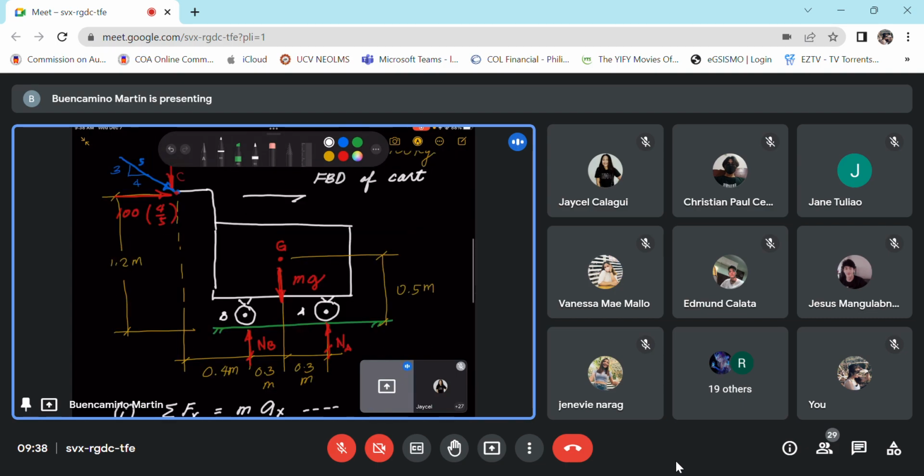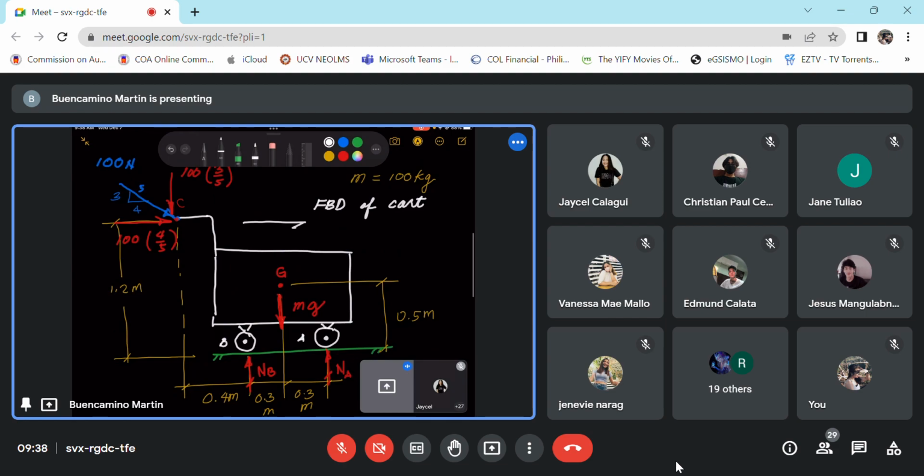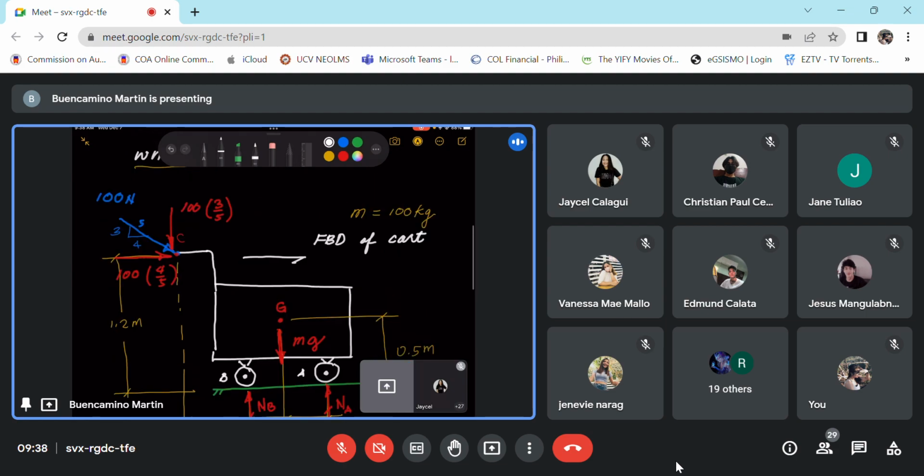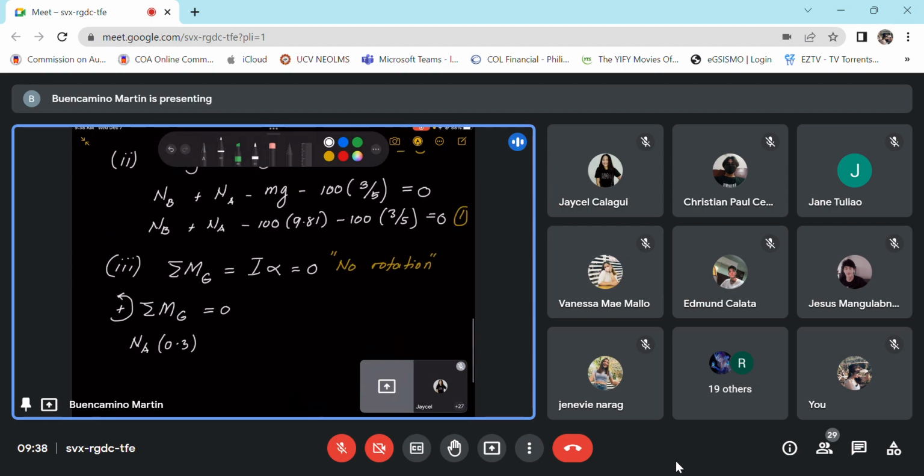And then another positive moment about G is yung vertical component force at C, which is 100 times 3 all over 5.